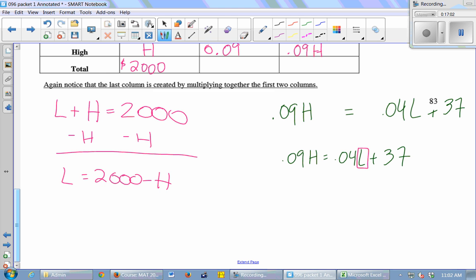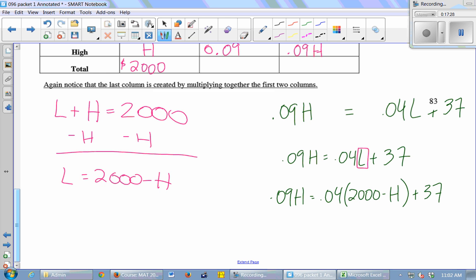So I replace the L with 2000 minus H, and now I have an equation that has only H's in it. And that we know how to solve. What would you do next?